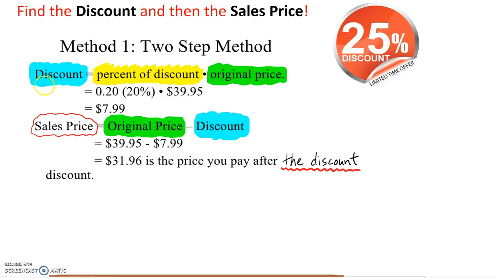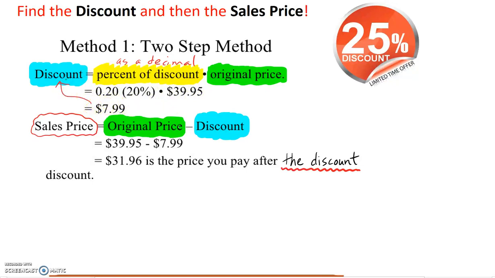Well, we're going to use the formula: discount equals percent of discount, always as a decimal, times the original price. In this case, if the percent discount is 20%, we use 0.20 or 0.2 times 39.95. When we do this multiplication problem, we get our discount.